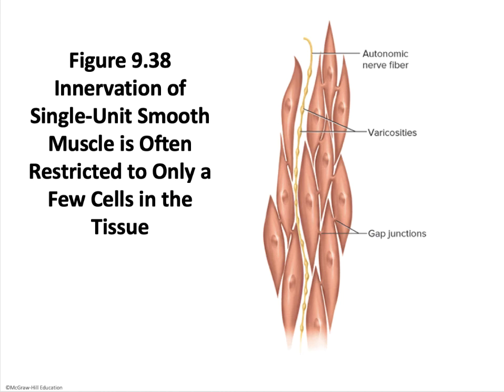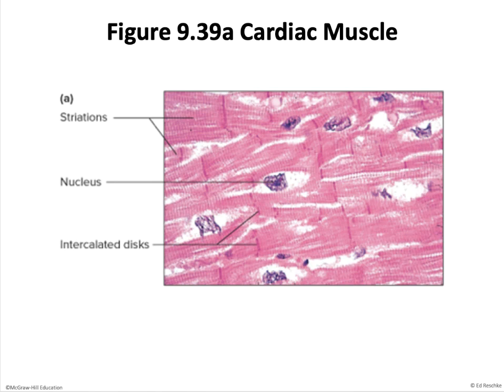The benefit of the former, the single unit combination, is that the autonomic nerve fiber only has to make contact through a number of these varicosities with some cells, and neighboring cells connected by gap junctions will automatically be activated as a result. Let's turn our attention finally to cardiac muscle.